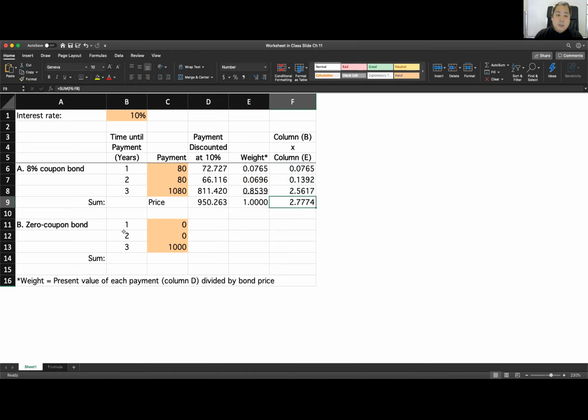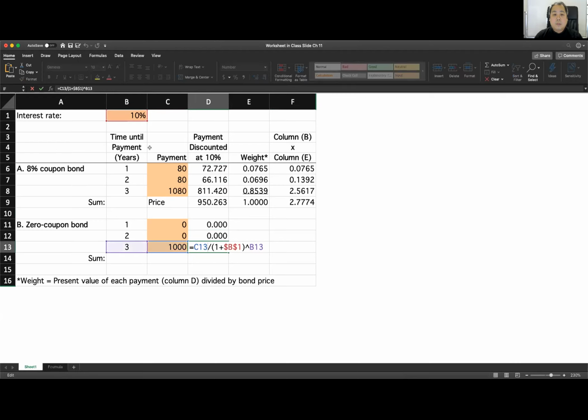Now, the next one is the zero coupon bond. We will do exactly the same way. Because this doesn't have any coupon, we have $0, $0, and $1,000 par value, right? Then if you calculate this exactly the same way, we get $0, $0, and the only cash flow is 1,000 divided by 1 plus 10% to the third.